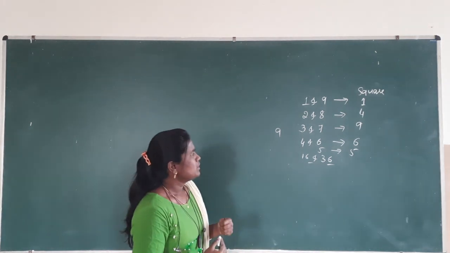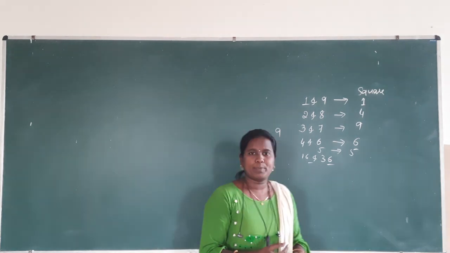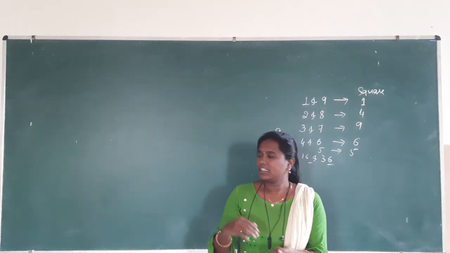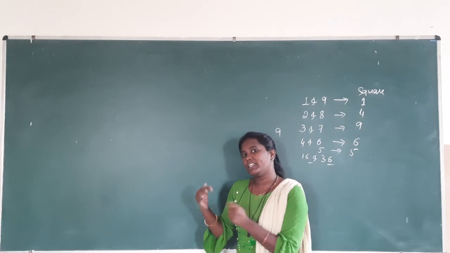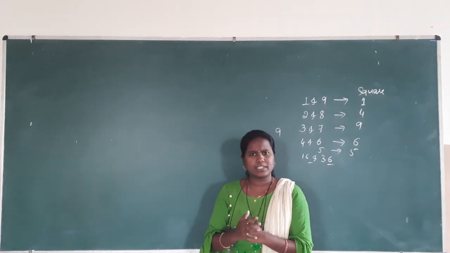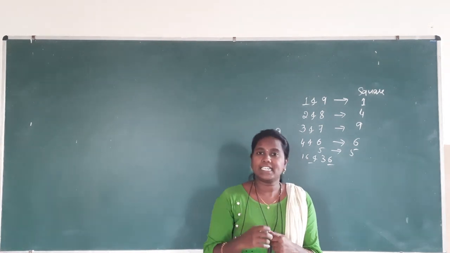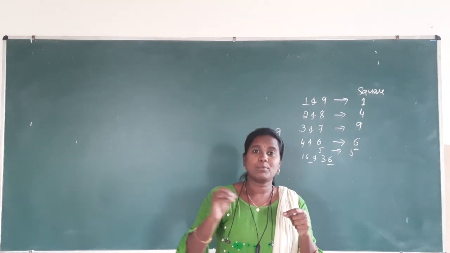Now let us see one more property. We have seen that 10 square is 100, 20 square is 400, and so on. What is the property related to the number of zeros?